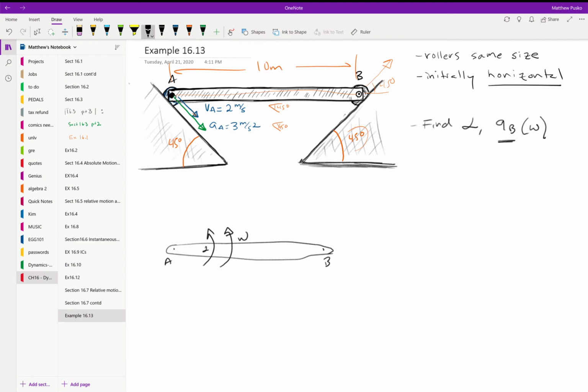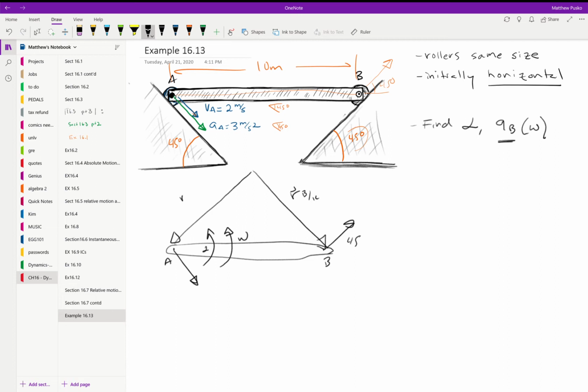So if we know this one goes down at 45, this one goes up 45, we can do a little thing like this. This would be your position vector 2b from the instantaneous center.